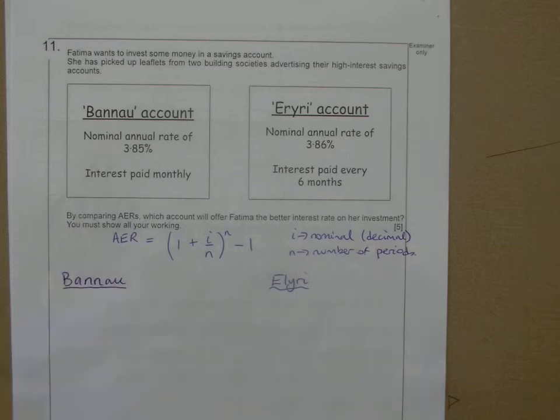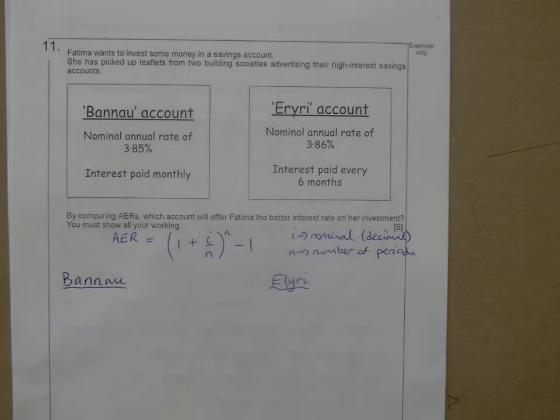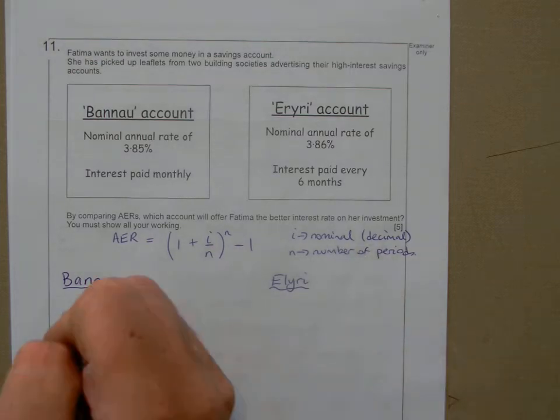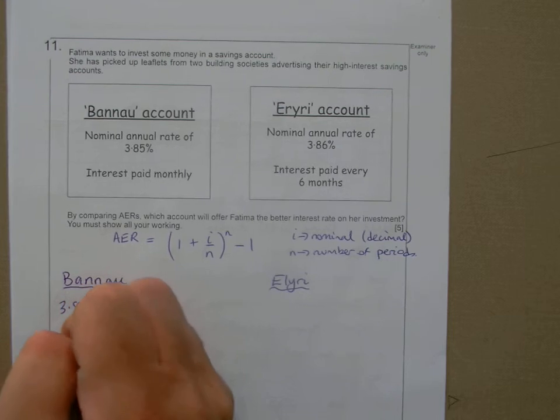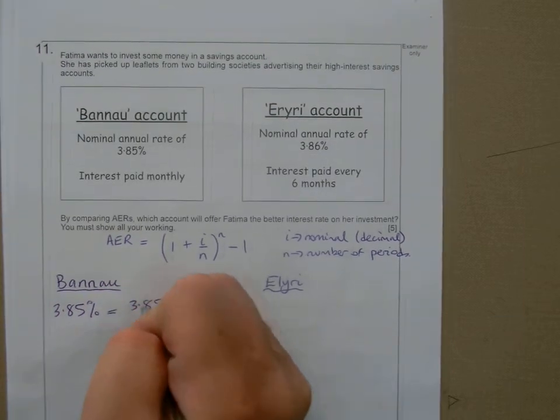So let's focus on Banai to start with. Now the nominal interest rate is 3.85%. Now we've got to write it as a decimal, because I has got to be a decimal. So 3.85% as a decimal. Now you can probably do this straight away, can't you?